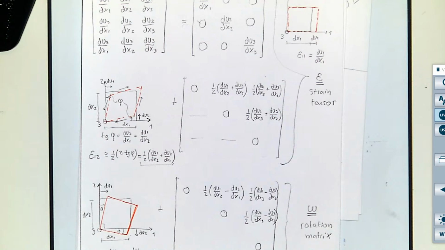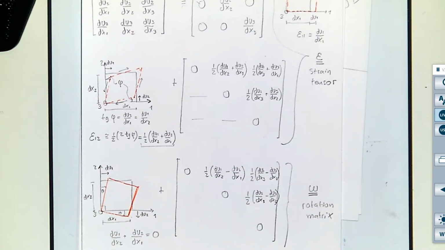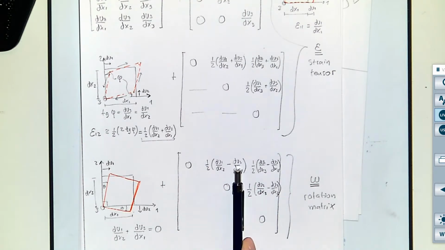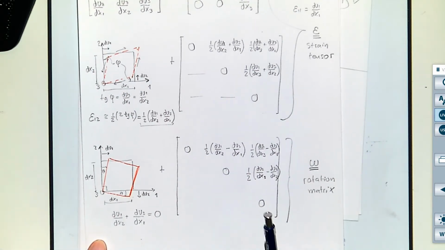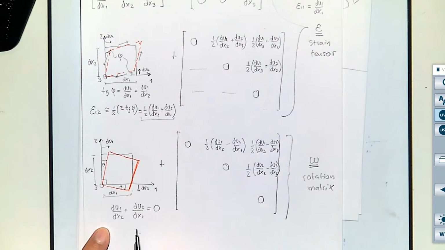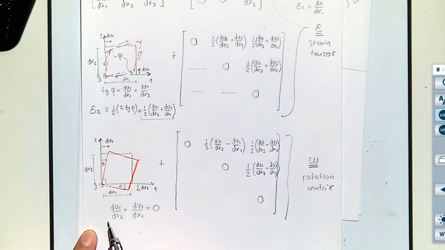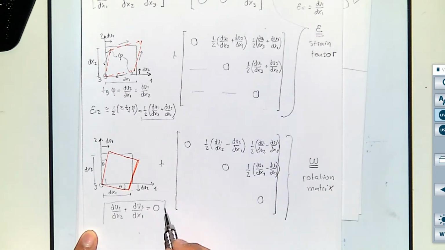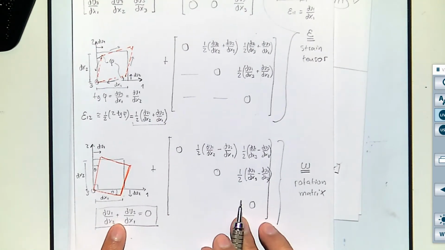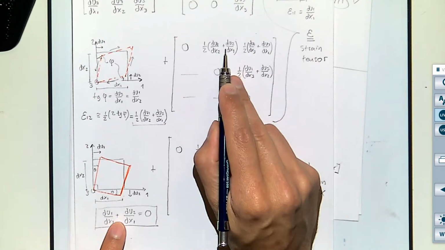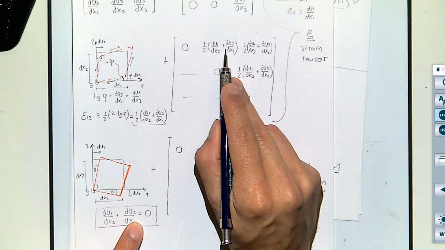Can you explain one more time how you get from the du1 over dx2 plus du2 over dx1 to the matrix? Here? Yeah, from the plus sign to the minus sign. Okay, no, I didn't do anything. I just said that for this particular case, if I were to apply this equation directly, I'm going to get 0.